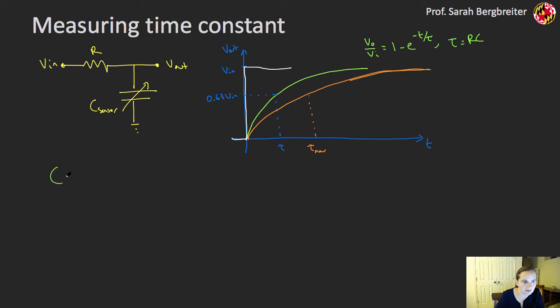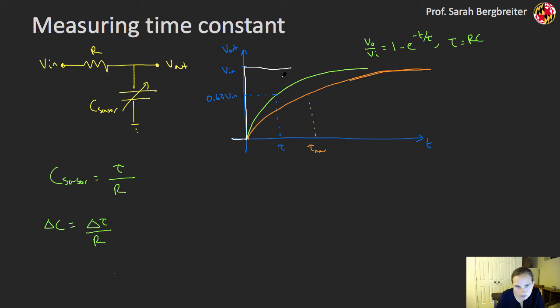So in this case, I can back out my sensor value from the time constant that I might be measuring and my input resistance. And similarly, I can measure that change in capacitance by measuring a change in time constant divided by the resistance in my circuit.